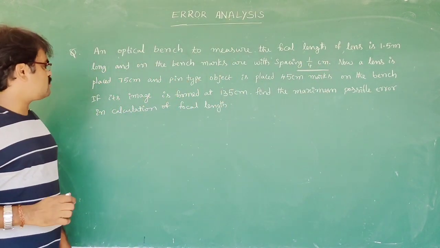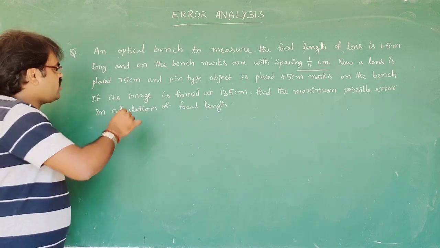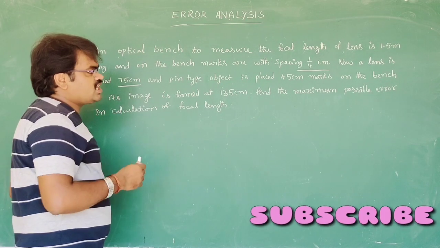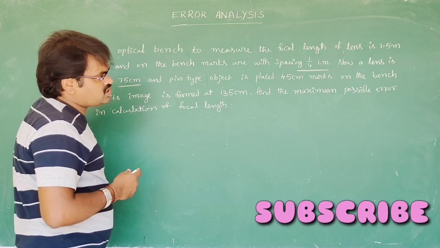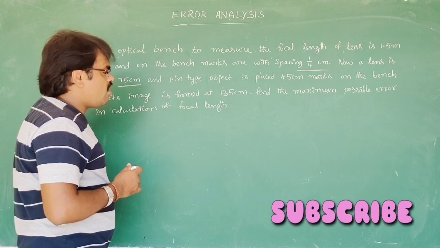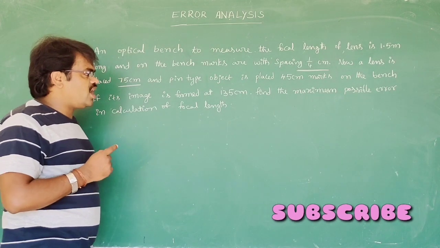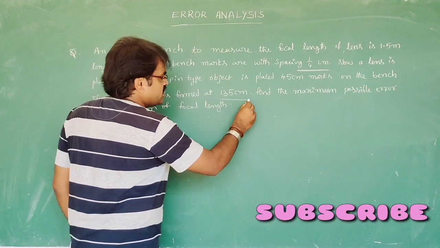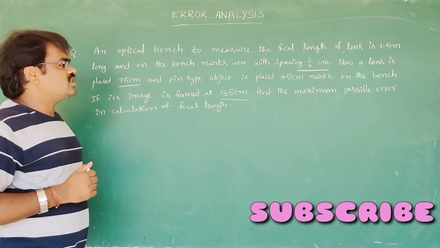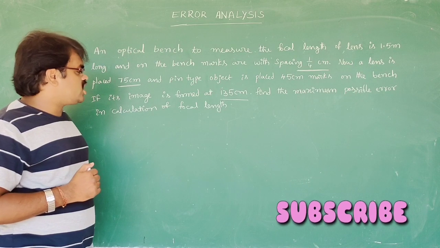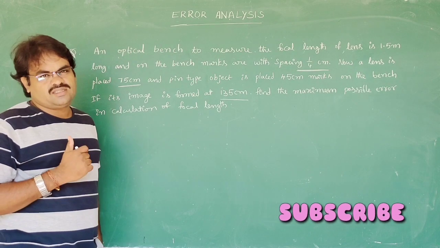A lens is placed at 75 centimeter. A pin type object is placed at the 45 centimeter mark on the bench. If its image is formed at 135 centimeter, find the maximum possible error in calculation of the focal length.